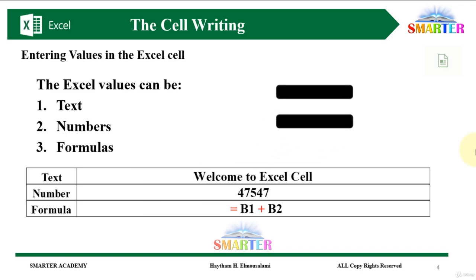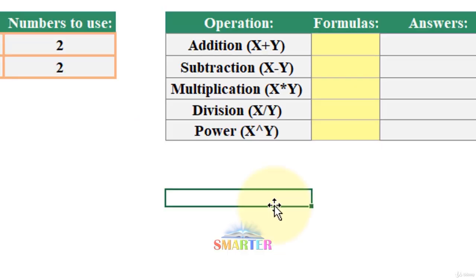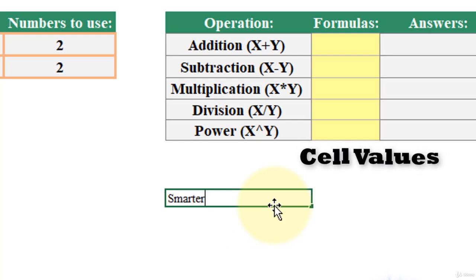Let's get practical. Here, this is Microsoft Excel, and I want to write something. You can write text such as "smarter Excel". This is a text, okay?